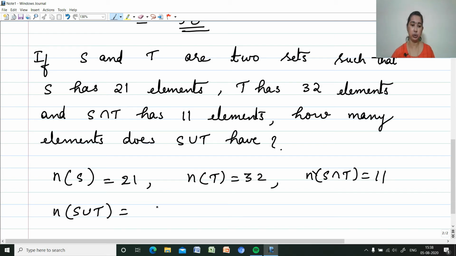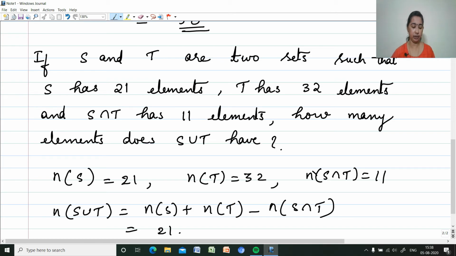We substitute in the result n of S plus n of T minus n of S intersection T, which is 21 plus 32 minus 11, equal to 42. So one more question we'll discuss from this portion.